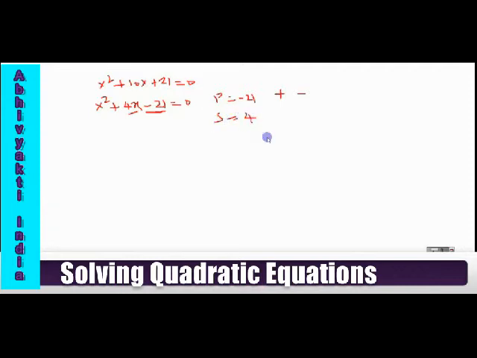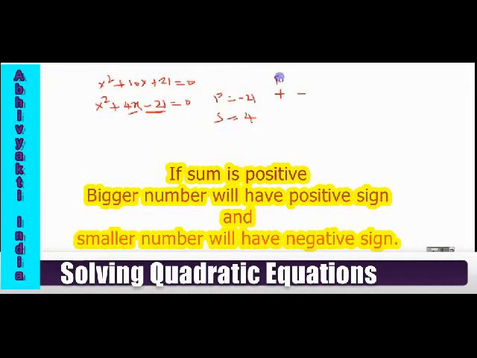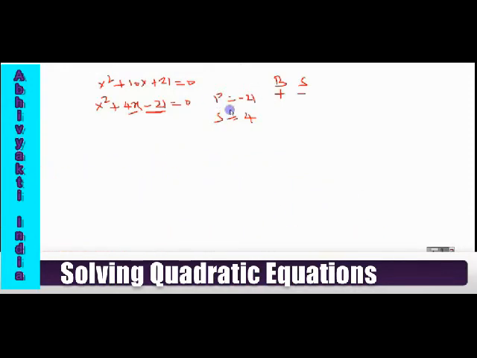So the sum should be positive, and when the sum is positive, the bigger number will have a positive sign and the smaller number will have a negative sign. Now search for the two numbers whose product is 21. So the two numbers can be 7 and 3, as 7 3s are 21. The bigger number will have a positive sign and the smaller number will have a negative sign.